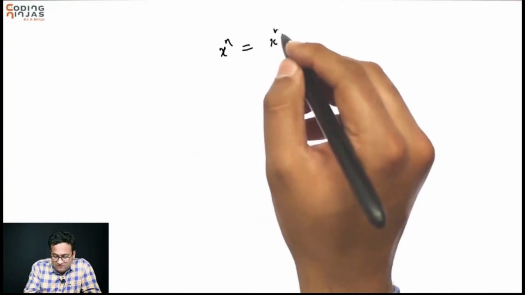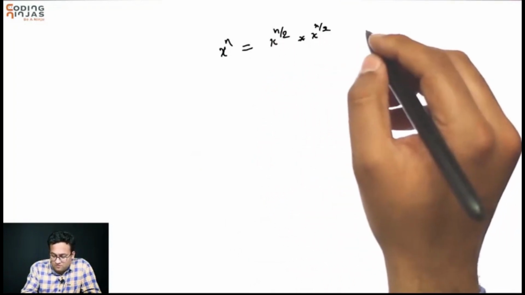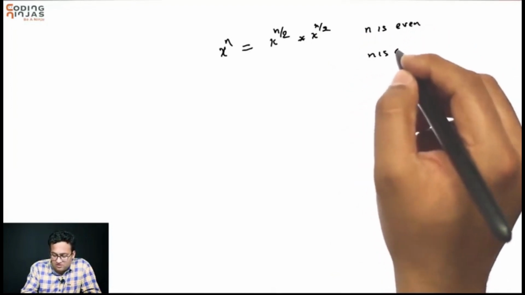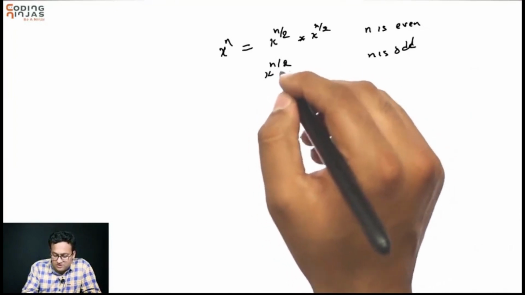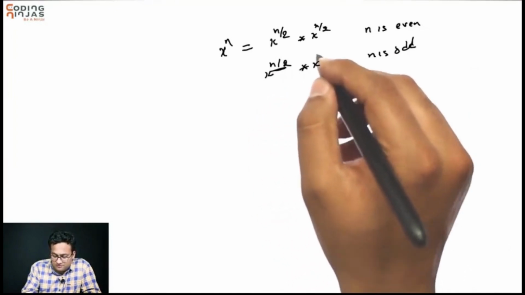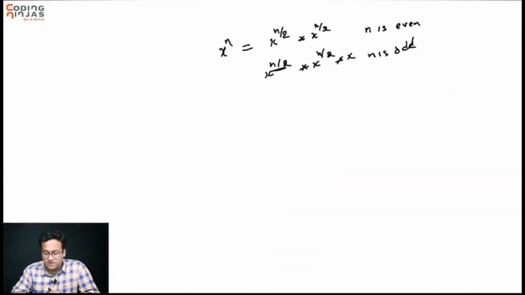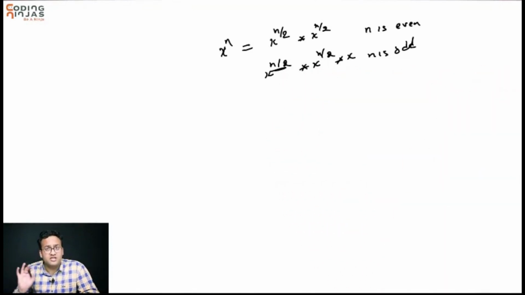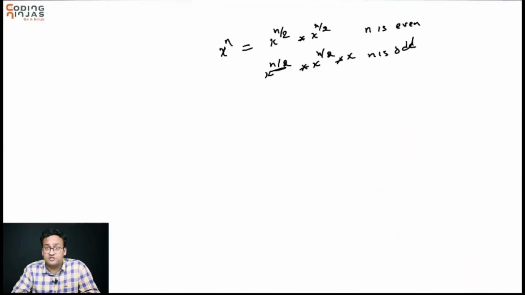So I am saying we will take care of two cases. If n is even, we will do this. If n is odd, we will do this, into x. In case of Python, which requires this to be a double slash, even then I'm just saying think of this as a double slash. So basically we are doing integer division.